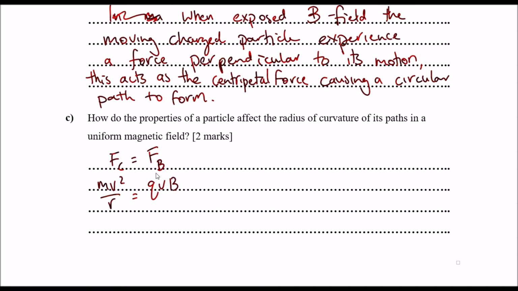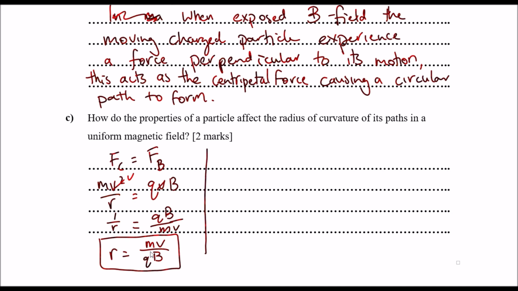That's the equation that we have here. So the v's can cancel out each other at one point, so we're left with one v here. And we'll be left with 1 over r equals qB divided by mv. If we invert the whole equation, mv over qB, that's the formula that describes the radius of the curvature.